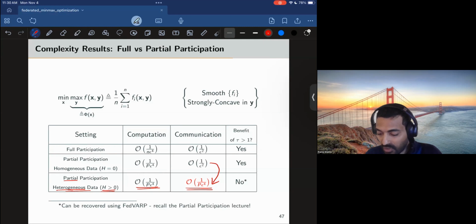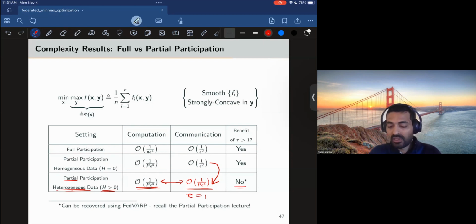And now the number of communications and the number of computations are exactly the same. So you cannot do multiple computations in each round. We are essentially forced to choose tau which is 1 or very close to 1. So there is no benefit of running multiple local steps.